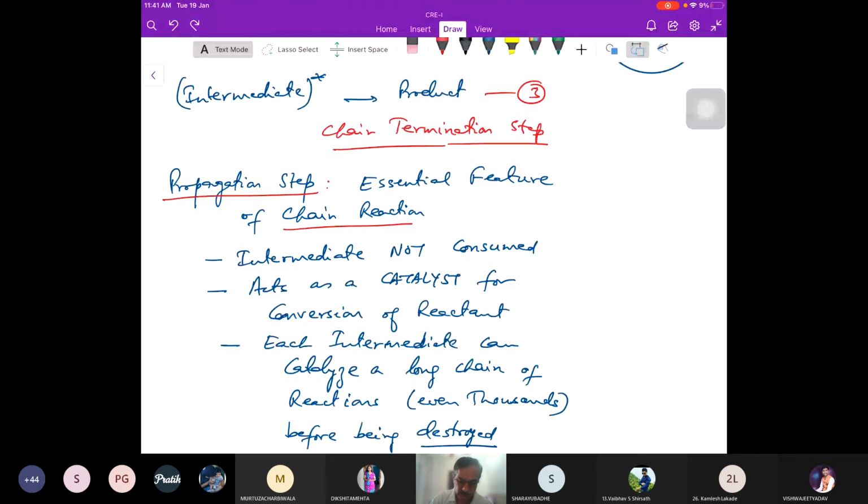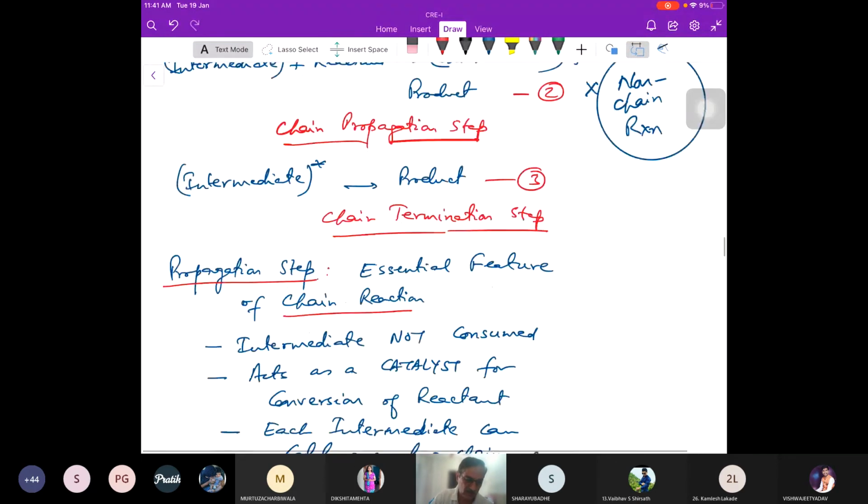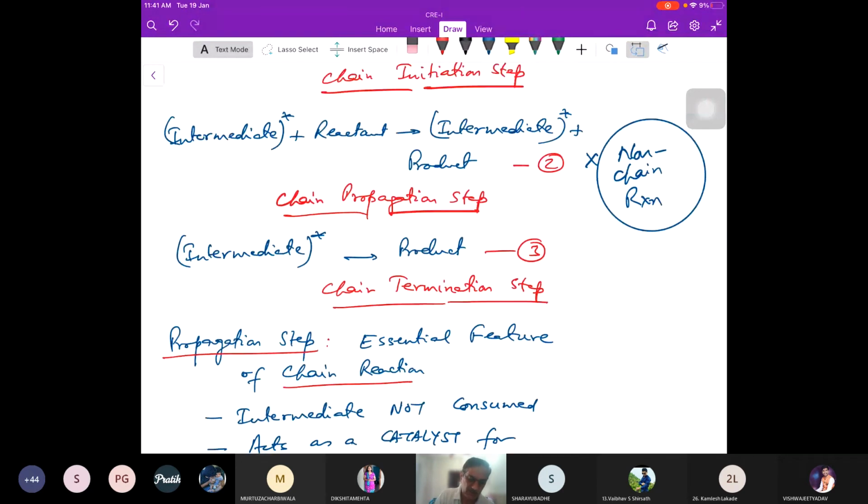We saw it reacts with the reactant to give intermediate again. Each intermediate can catalyze a long chain of reactions. That's why it is called a chain reaction, even thousands before being destroyed. In the third step it is destroyed, but it can keep regenerating intermediate in the second step.